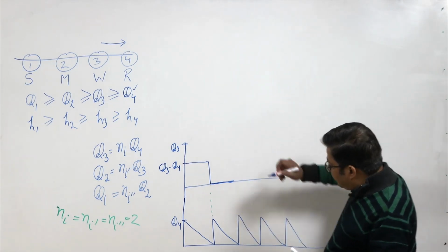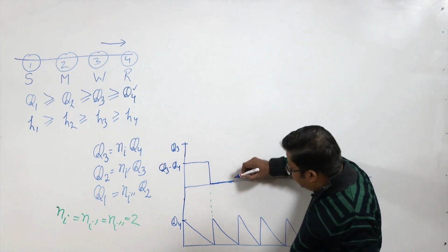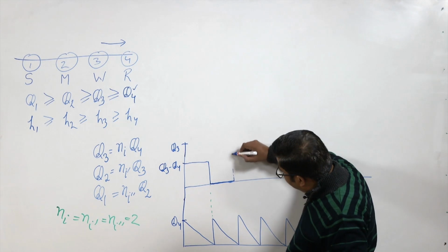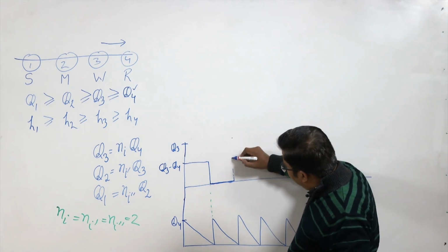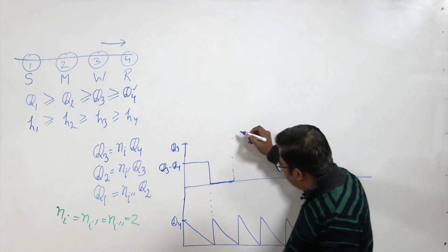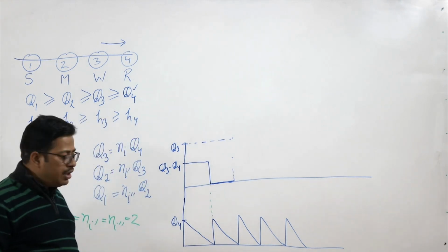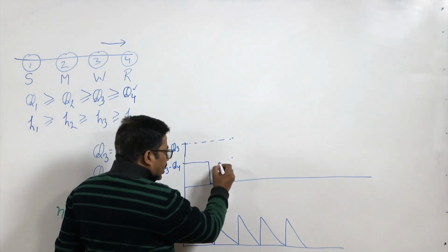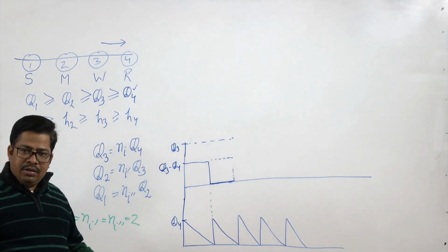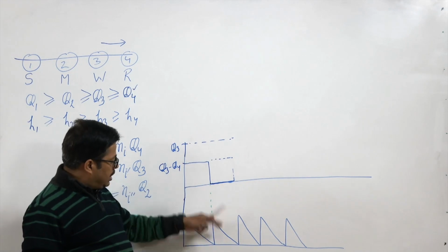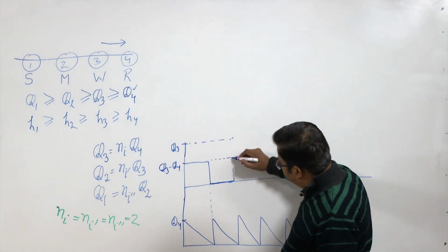Then again I will receive a new supply of Q3 items, and out of that I will immediately supply the Q4 portion to stage 4, and I will be left with Q3 minus Q4 again.